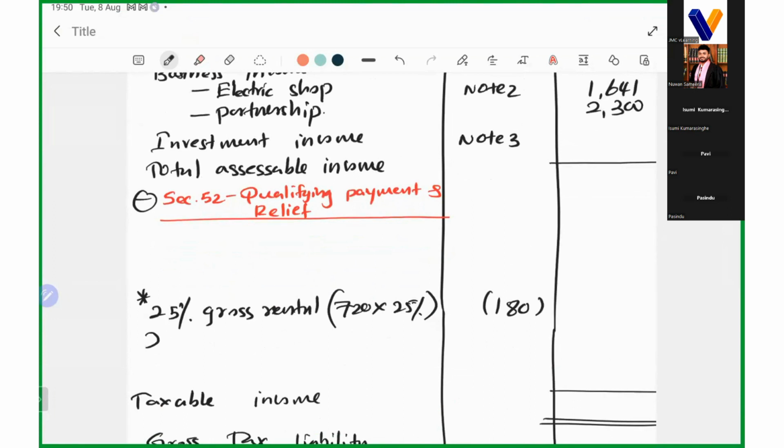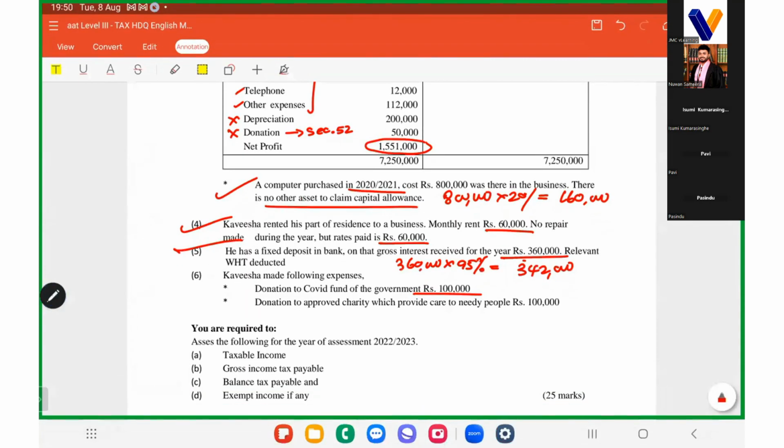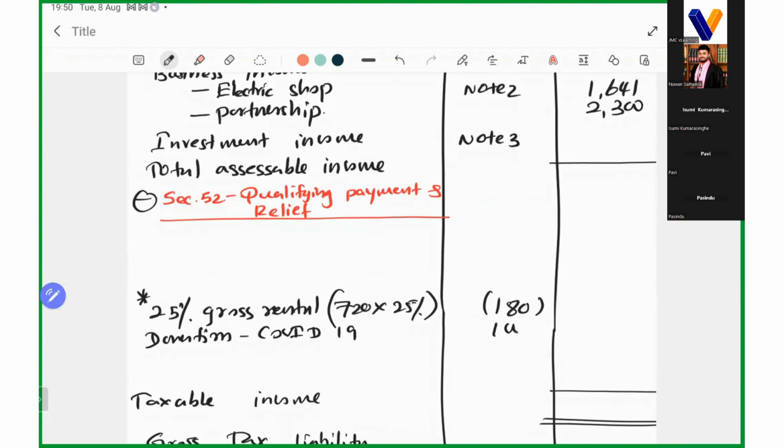Here there are two donations. The previous donation, 50,000, we cannot consider, because they have given nothing about to whom the donation was made, or whether it was in cash or goods, right? So for the COVID-19 fund, there is no restriction, either cash or goods, you can deduct 100,000.